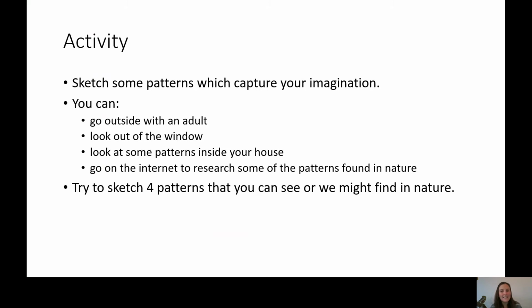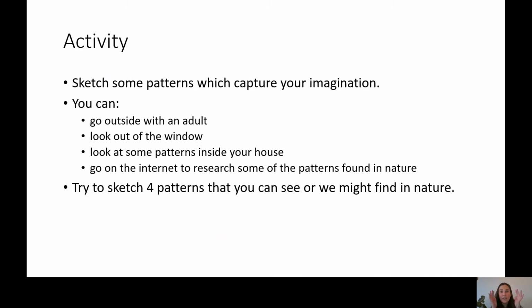There might be some patterns inside your house. I don't know if you can see, but next to me I have got a plant. You might have some plants inside your house that you can have a look at. This has got the branching pattern on its veins, very clear on the leaf here.